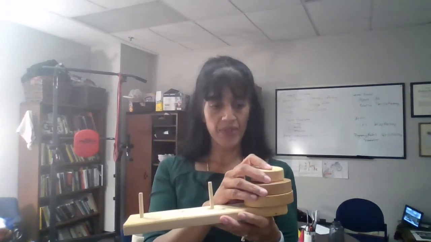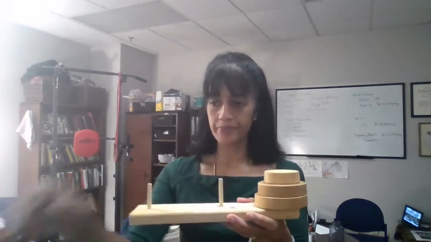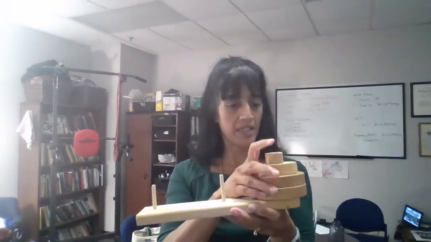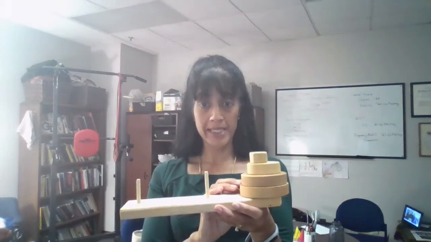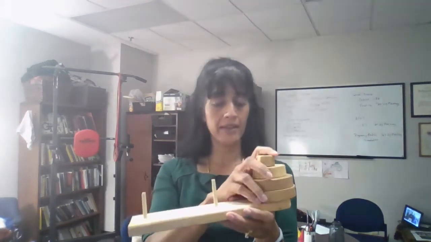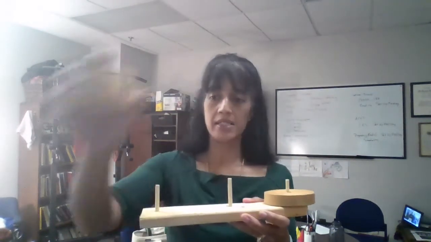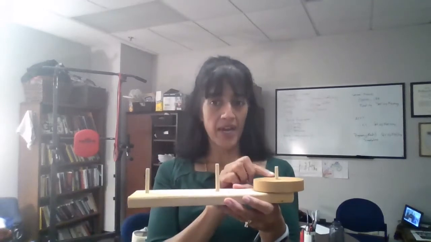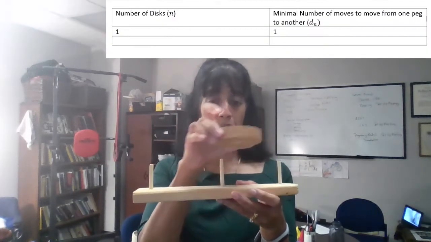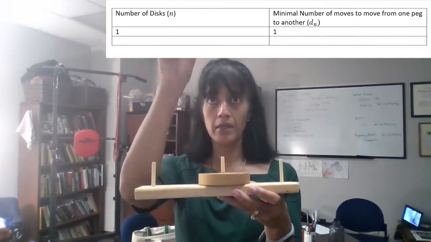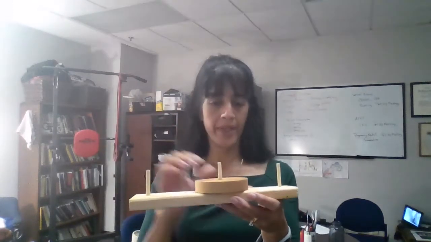So I want a model for this, and I remember back when I first came here in 1996, what I did was make a table. So I had n as the number of discs. I made a table. For n equals 1, it takes 1 move. So I put 1, 1.